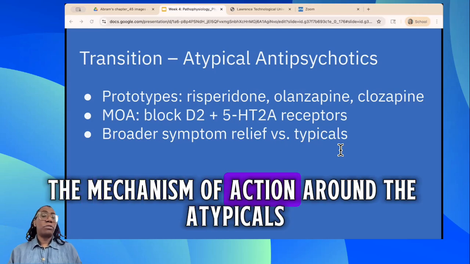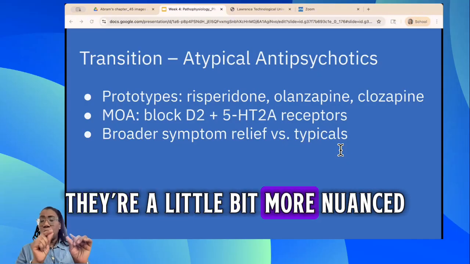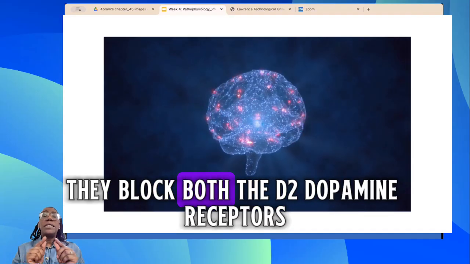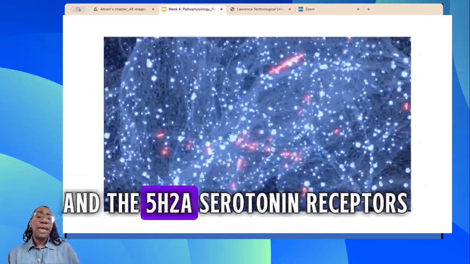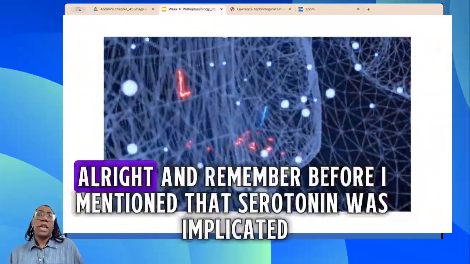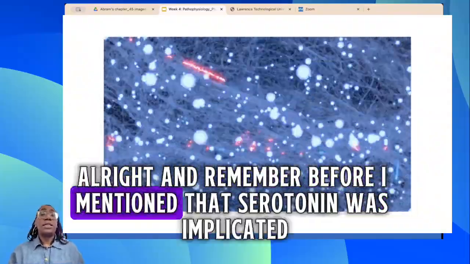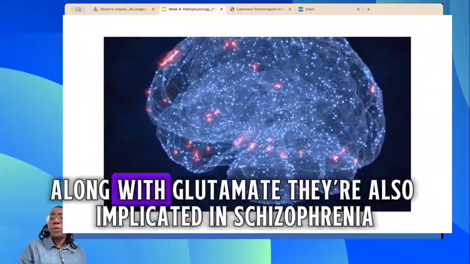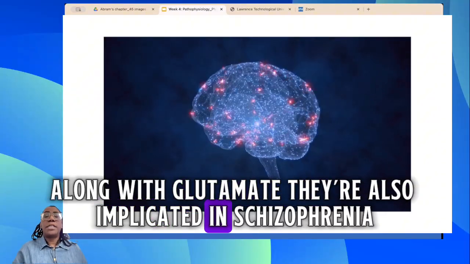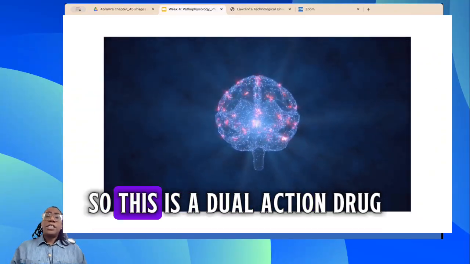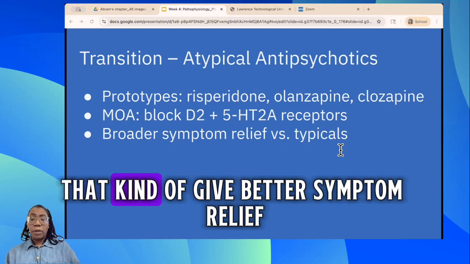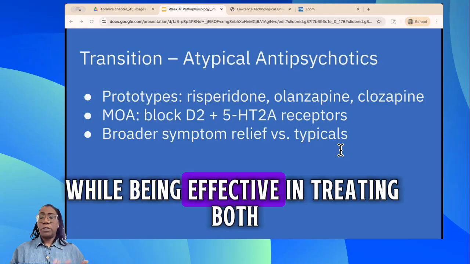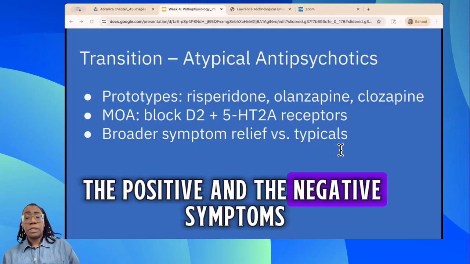So the mechanism of action around the atypicals, they're a little bit more nuanced. Okay. So they block both the D2 dopamine receptors and the 5-HT2A serotonin receptors. All right. And remember, before I mentioned that serotonin was implicated along with glutamate in schizophrenia. So this is a dual action drug, or these tend to be dual action drugs that give better symptom relief while being effective in treating both the positive and the negative symptoms.